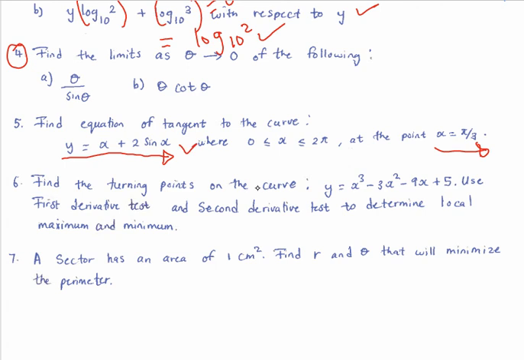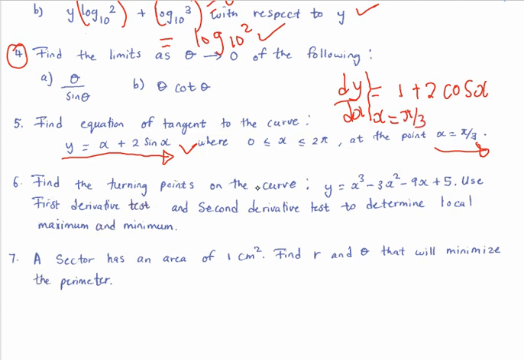So you're gonna have dy over dx. If you differentiate it, you find 1 from differentiating x, and you're gonna have plus 2 cos x from differentiating 2 sine x. Then you know this happens where x is equal to pi over 3.